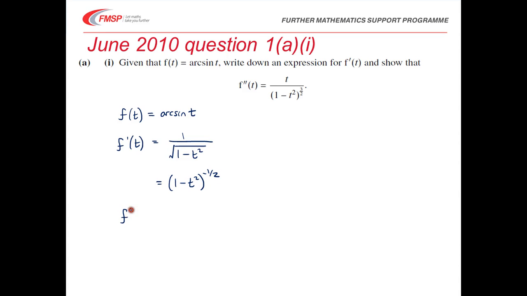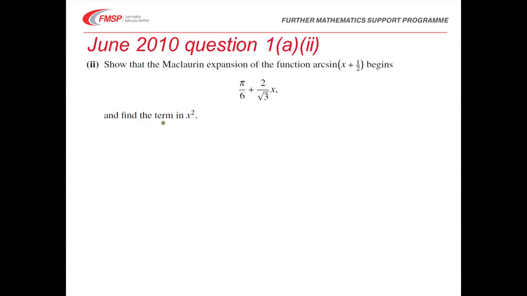Then using the chain rule to differentiate that again, I get minus a half, 1 minus t squared to the minus 3 over 2, multiplied by minus 2t. The minuses cancel, as do the half and the 2, leaving us with t over 1 minus t squared to the 3 over 2.